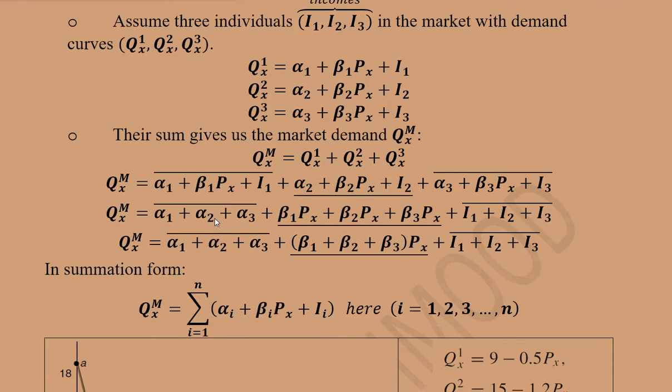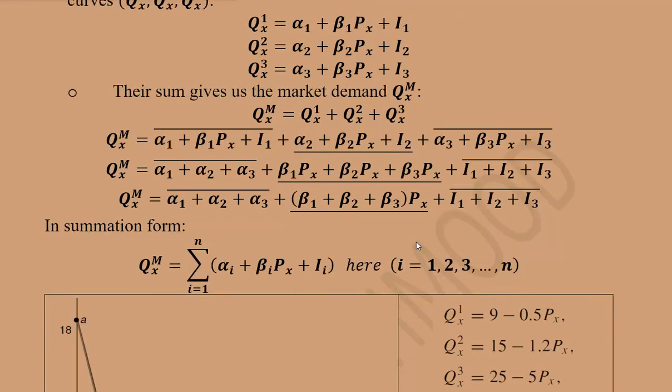So we are adding them together, bringing them in one place, then beta 1 px, then beta 2 px and beta 3 px. So all of them are gathered here, and then we have the incomes I1, I2 and I3. So these are the various levels of income, and we have summed them in this form. Here px is a common factor, so we took it out as a common factor.